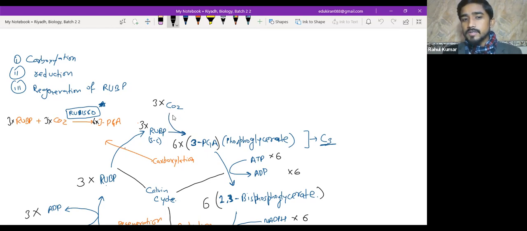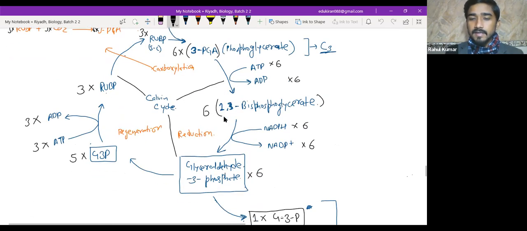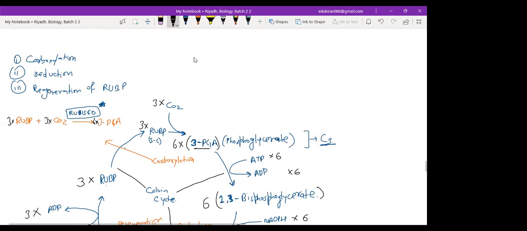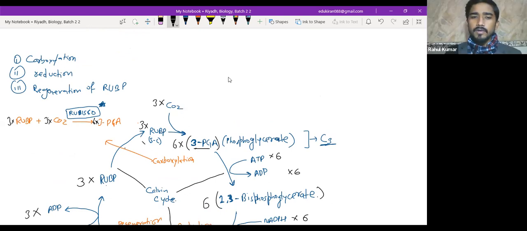And since CO2 is a single carbon molecule, it has one carbon. And we know that in a C3 Calvin cycle, the first stable product is a 3 carbon molecule, which is this 3 PGA. Is it clear? Yes, sir. So naturally people thought that the accepting molecule, the CO2 acceptor, must be a 2 carbon molecule, which was not the case.